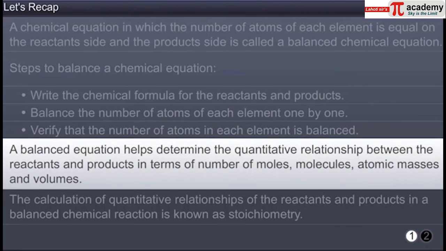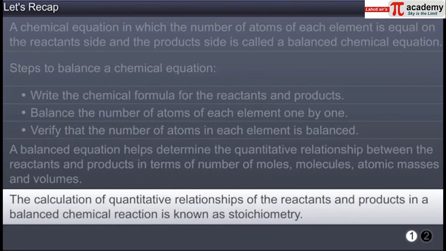A balanced equation helps determine the quantitative relationship between the reactants and products in terms of number of moles, molecules, atomic masses, and volumes. The calculation of quantitative relationships of the reactants and products in a balanced chemical reaction is known as stoichiometry.